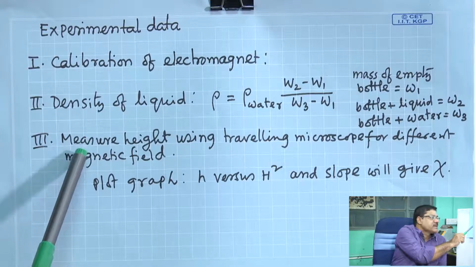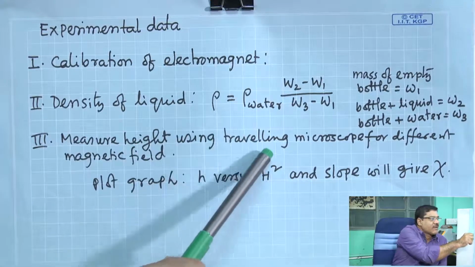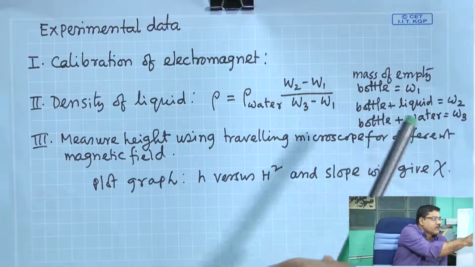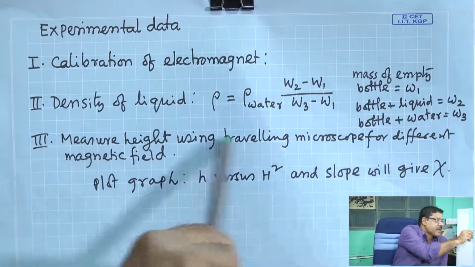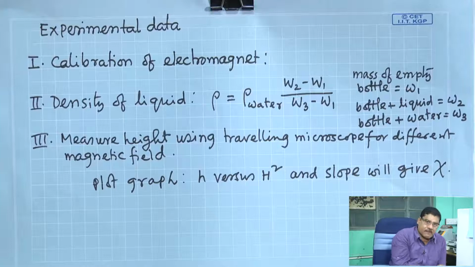Then we measure height using a travelling microscope at different magnetic fields. This is the main part of the experiment: we apply different magnetic fields and see what the height change of the liquid is, measuring it with the travelling microscope.